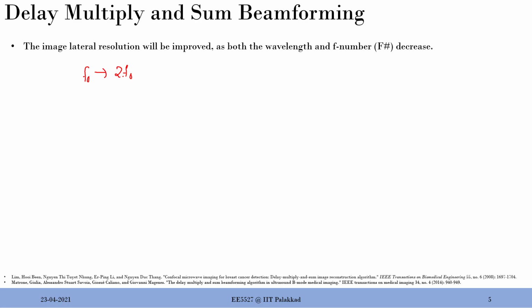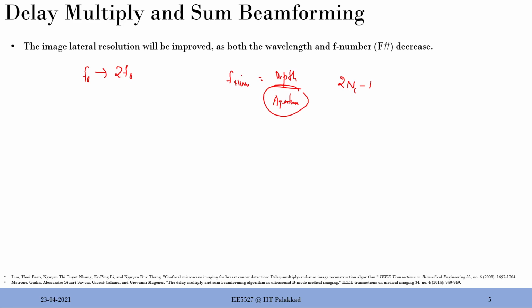And f number, if you go back and see the definition, f number is actually depth by aperture, and the aperture is effectively going to increase because you are doing cross correlation. So ideally speaking, you will have 2Nc minus 1 elements if you do all correlations. So effectively, the aperture is going to increase, and when aperture is increased, your f number is going to come down.